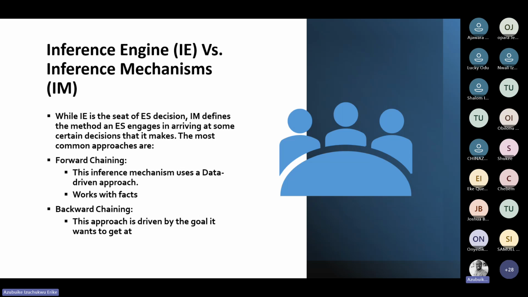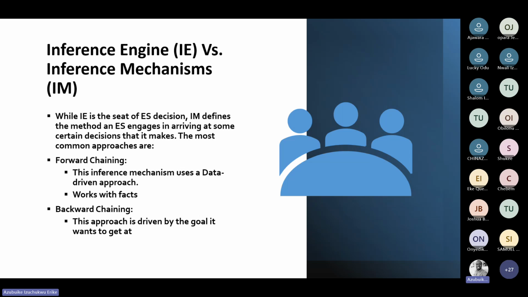So you see now we are looking at the inference engine itself, how it works behind the scene. Inside of that inference engine, how does it work? There are two most important approaches that an inference engine uses to arrive at a conclusion.